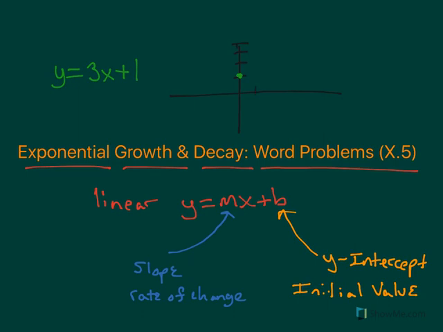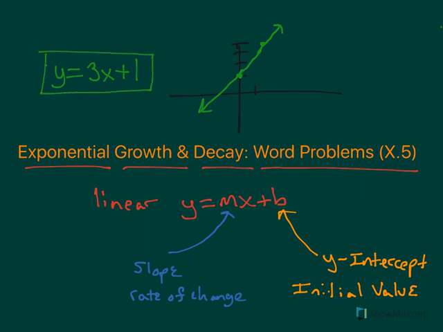So you're going to go up 3 over 1, and that would be enough information just from looking at the equation to make a quick graph of y equals mx plus b, or in this case y equals 3x plus 1.